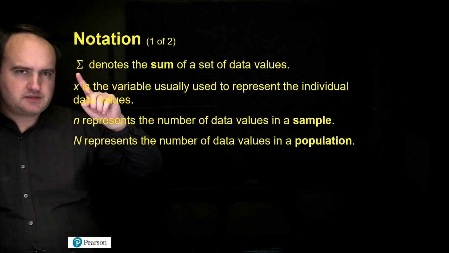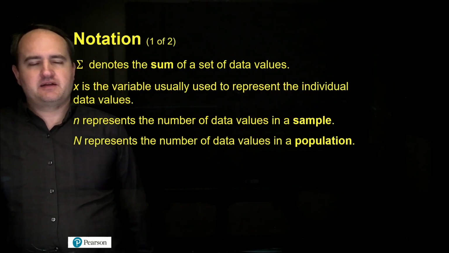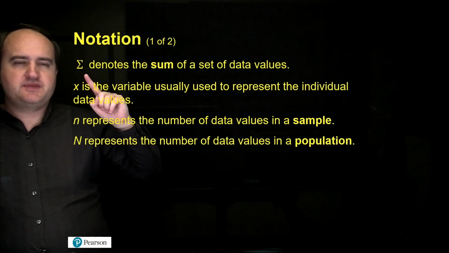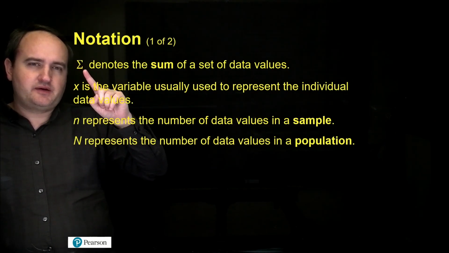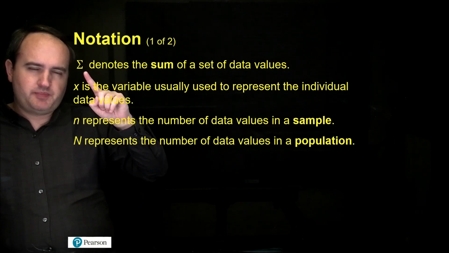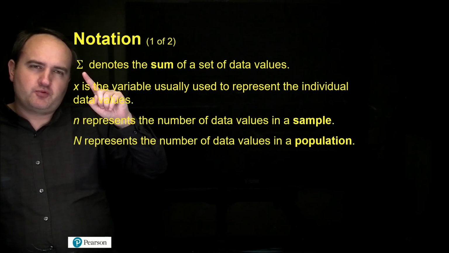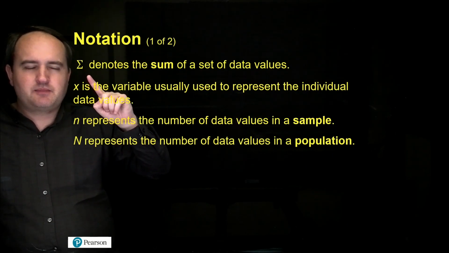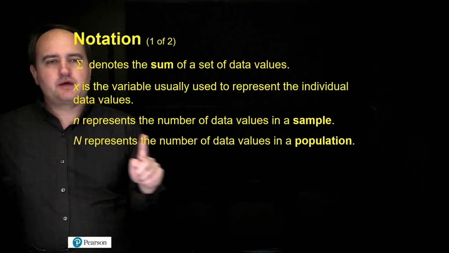This symbol here is called the summation symbol, which just means that you add up all the data values. People read this as sum. It's technically a Greek letter sigma, and it's called sigma notation, but when people see this symbol, instead of saying sigma, they just say sum, which just means you add up all the data values.